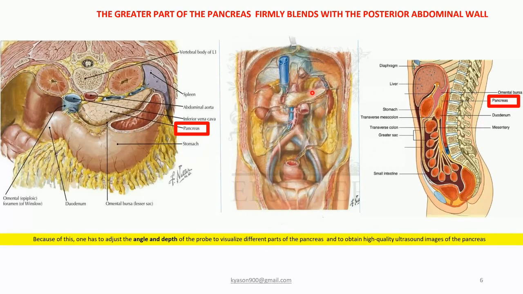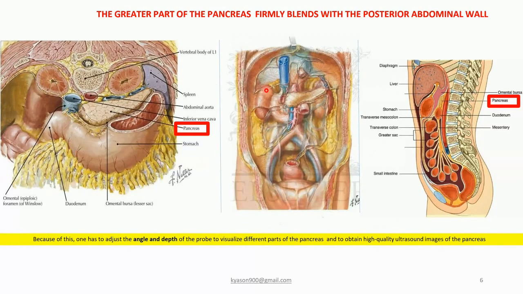As we can see here, it's lying oblique, and this shows you that the tail is more posterior. This is the body. You can see the tail.